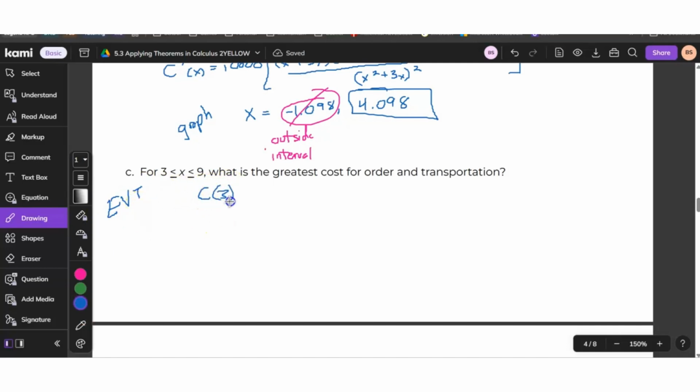We got to check C of 3, which we already did. That was that 8,333.3 repeating. We're going to have to check the critical point, which is 4.098, which we haven't done yet, so we're going to have to put that in. And then we're going to have to do C of 9, which we haven't done yet either. All right, so let's have the boys put in this one, the 4.098, and the girls do 9.